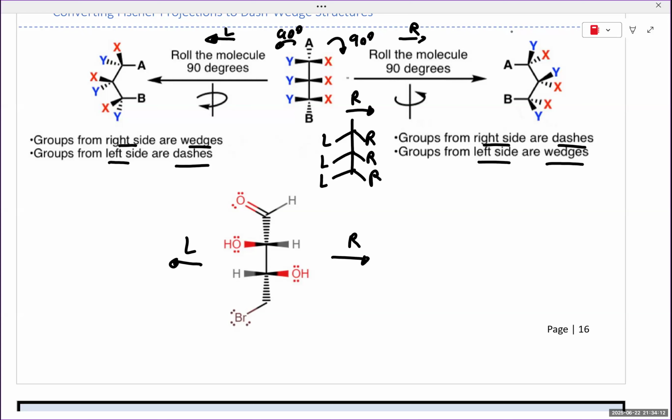So if we roll it to the right, our carbon skeleton in this case, we have the aldehyde followed by two carbons and then the carbon containing the bromine atom. From here, all the groups on the left end up wedged.